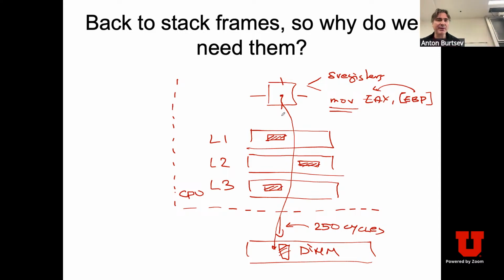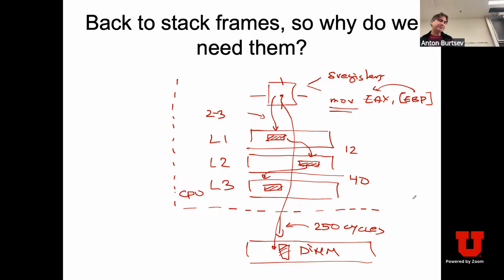Instead of going to memory, you either find it inside L1, which takes roughly 2 to 3 cycles, or, if it's evicted from there, inside L2, which takes roughly 12 cycles, or maybe inside L3, which takes roughly, let's say, 40 cycles. I bolded the numbers here, right?